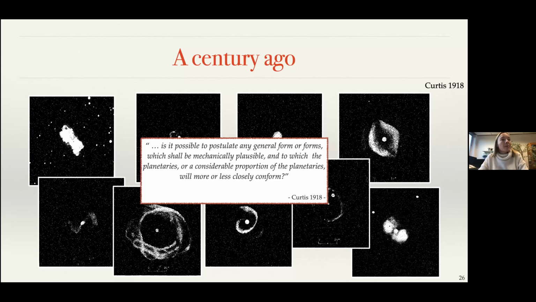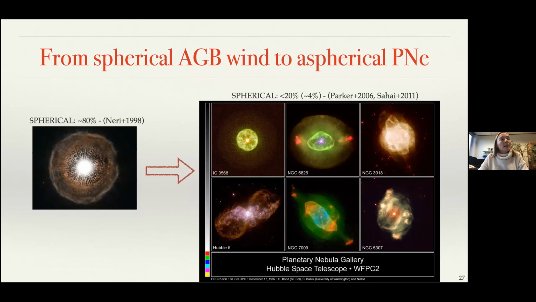Since this was really a challenge, observations of these AGB stellar winds have shown that the overall morphology of these stellar winds, for 80% of them, is spherically symmetric. And then we come to these planetary nebulae, and depending on which fraction of what kind of planetary nebulae you're looking at, less than 20%, and even some people claim less than 4%, of these planetary nebulae are spherically symmetric. So how can we explain this transformation?